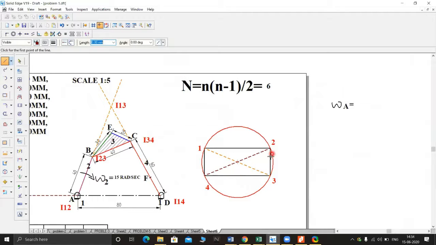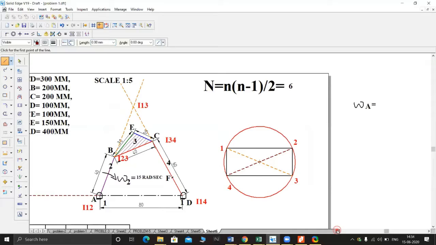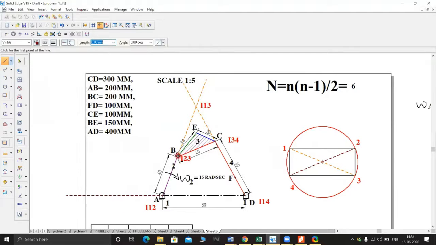Now I will take the next triangle, that is 2 3 4. If you consider the 2 3 4 triangle, if you want I24, it should be on the line through I23 and I34. Where is I23? I23 here and I34 here. Therefore, with respect to link number 3, we need to extend the line, because your I13 will come on the same straight line according to Kennedy's rule.